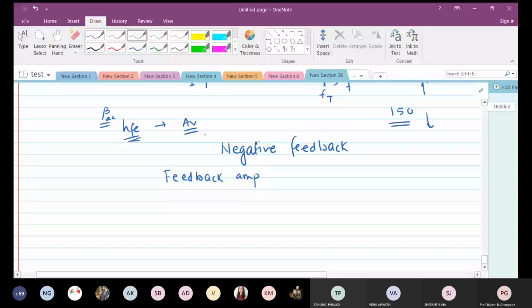So what we use is negative feedback to stabilize the voltage gain, just like we stabilize the Q point by introducing a negative feedback from the emitter current. Remember that? In a similar way, we are going to have a negative feedback, and that brings us to the concept of feedback amplifiers, which again you will learn in the next semester.